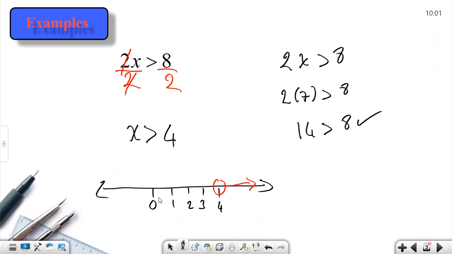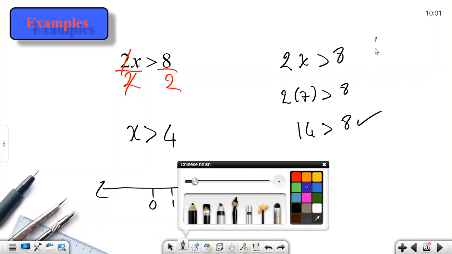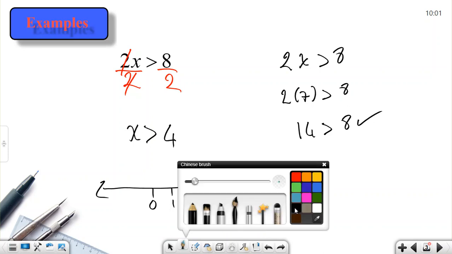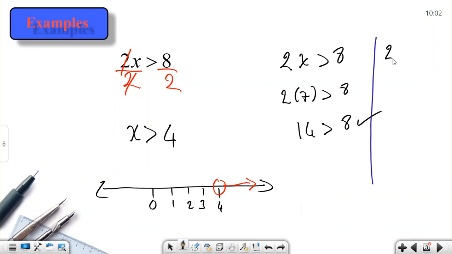Let's choose a number that is not in the solution set, such as 1. Let's try this one. 2 times x is greater than 8, and I will substitute 1 instead of x. 2 times 1 is greater than 8. 2 is greater than 8.